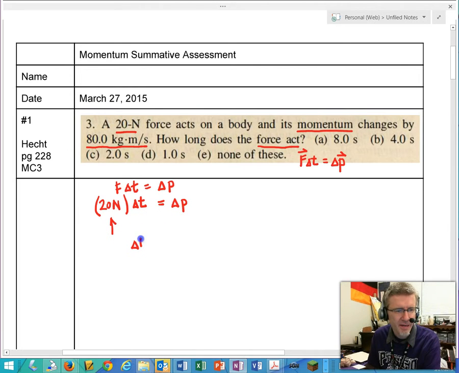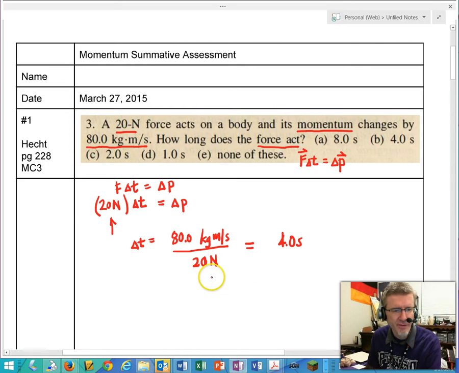So the change in time is equal to 80.0 kilogram meters per second divided by 20 newtons, which is 4 seconds.